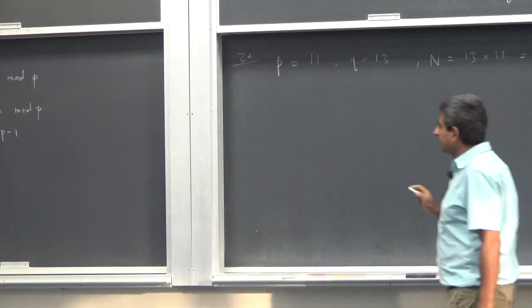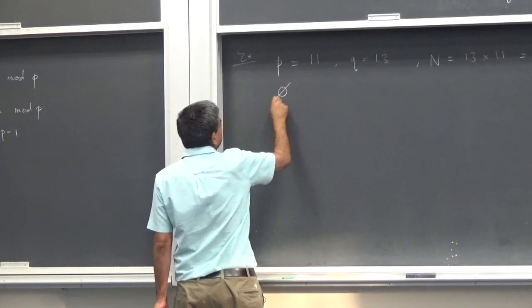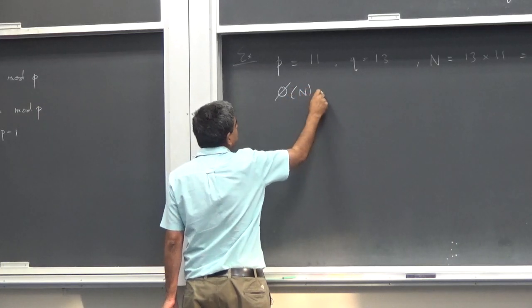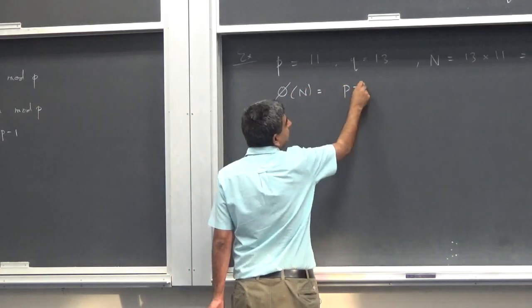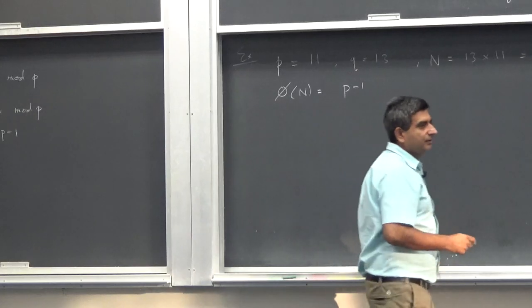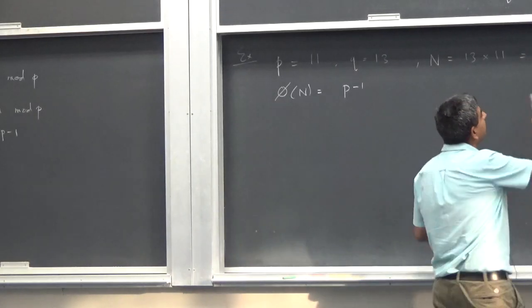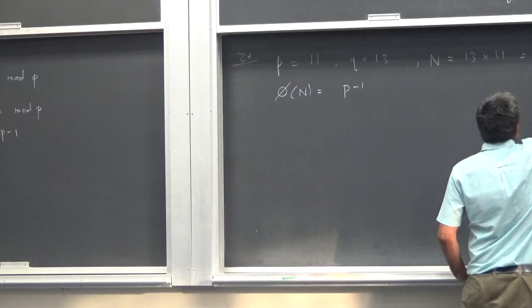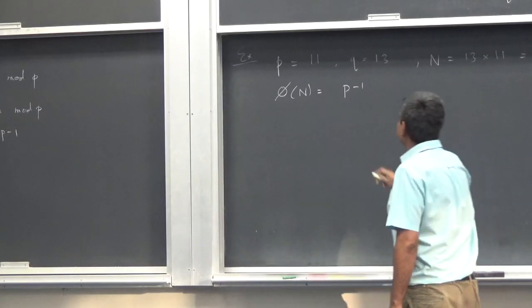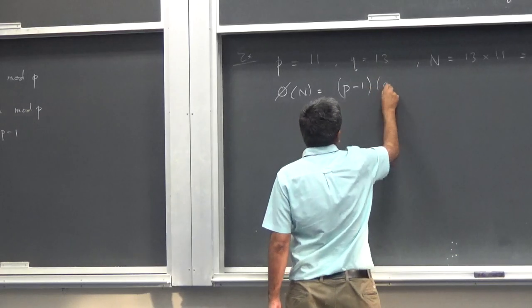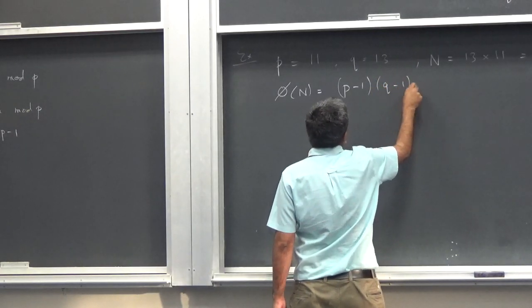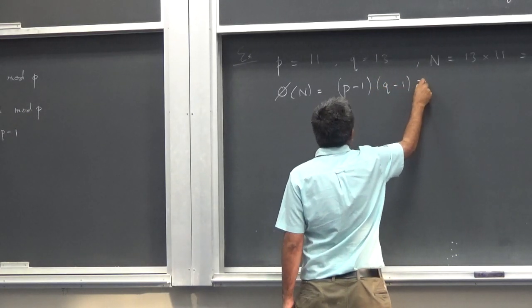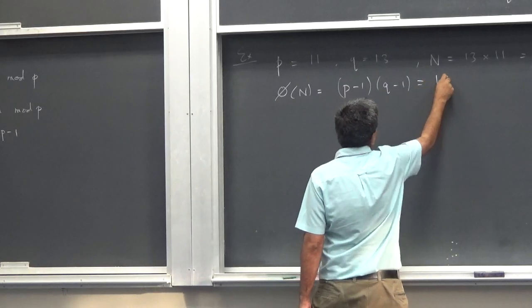And let's on the sidelines also write out what the Euler phi function is. 143. So this is P minus 1, Q minus 1, which is 10 into 12, right? 120.